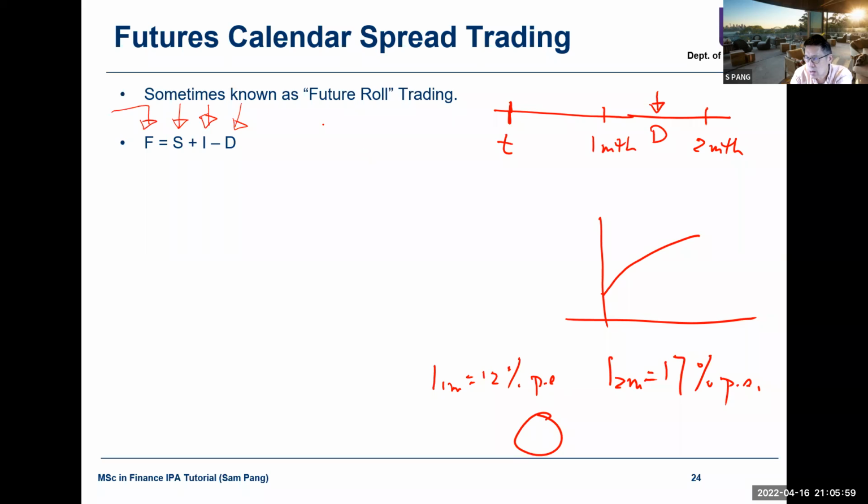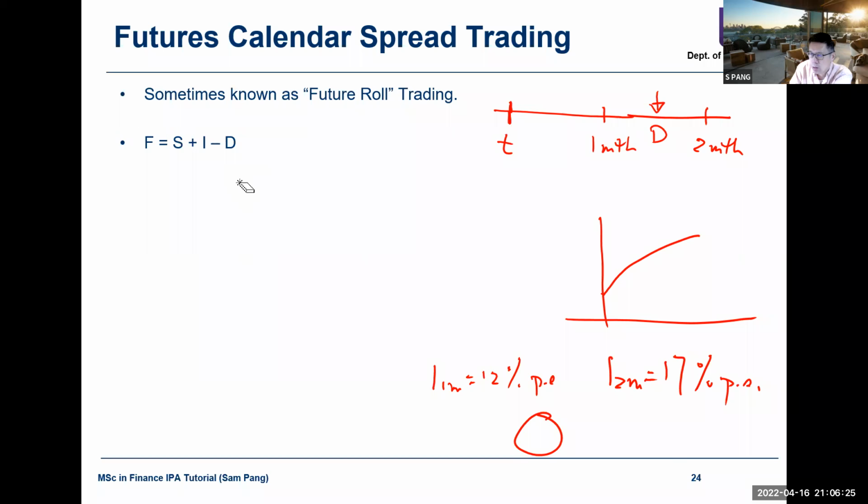It is the same thing if you write F is equal to e to the power of (r minus q) times t. It's the same thing, okay? This is more fancy, but this is very primitive. Fine with me, as long as you understand it, okay?